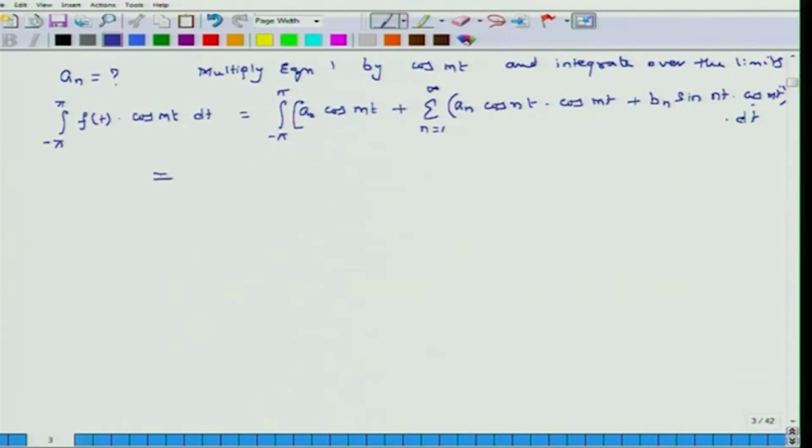Okay, so when I integrate cosine of mt, this first term, and then I take the limits from minus pi to pi, I get 0. Then I separate these two terms. Now for an, this is cosine nt times cosine mt, and cosine a times cosine b is cosine of a plus b, the whole thing divided by 2, plus cosine of a minus b, the whole thing divided by 2.